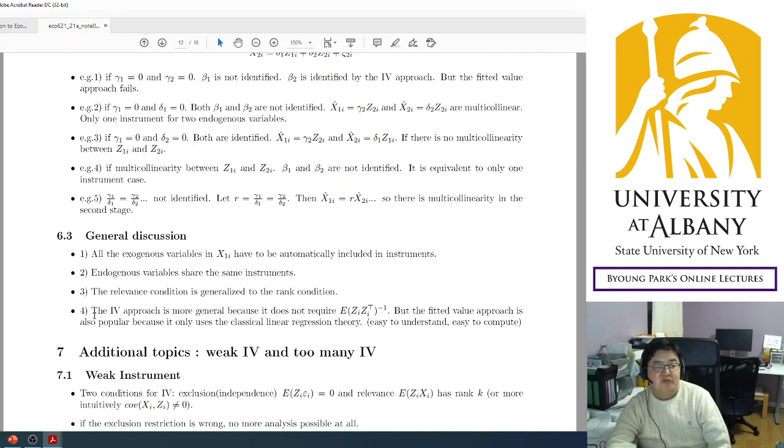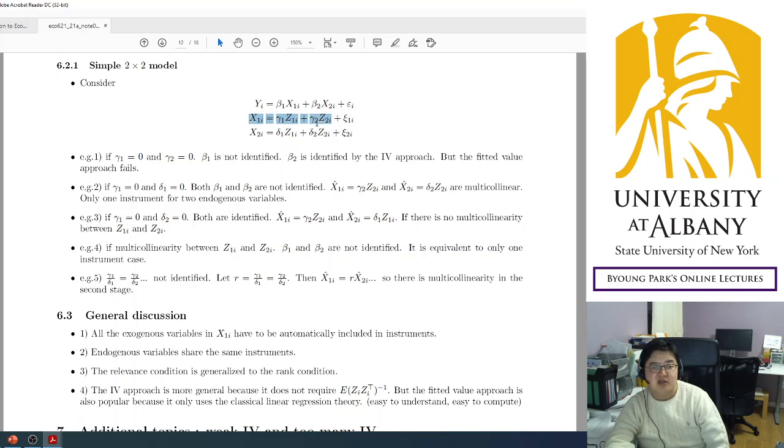And the IV approach, or the moment approach, is more general because it does not require this, or additional linear regression.